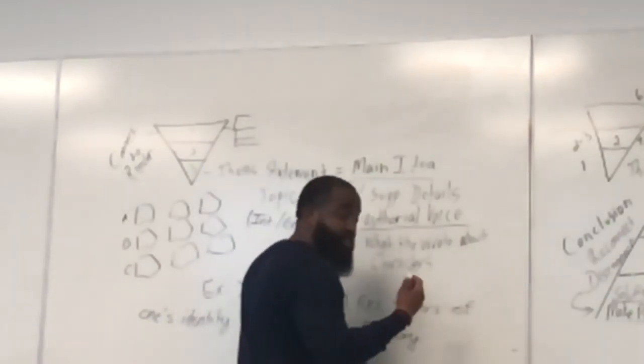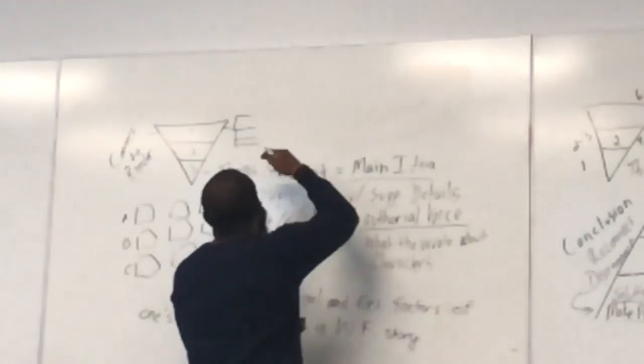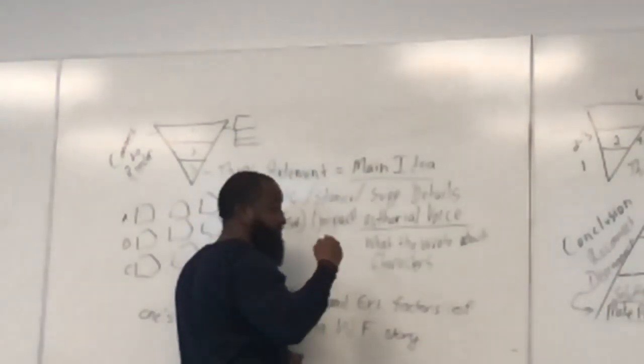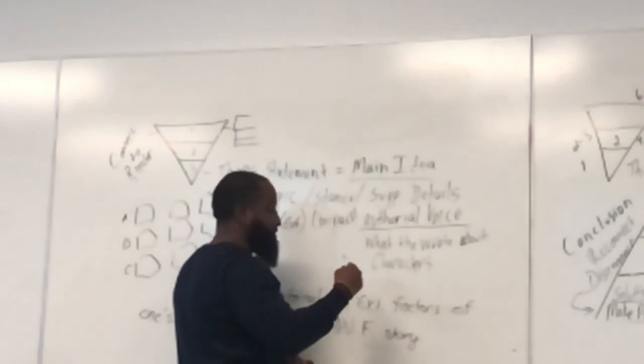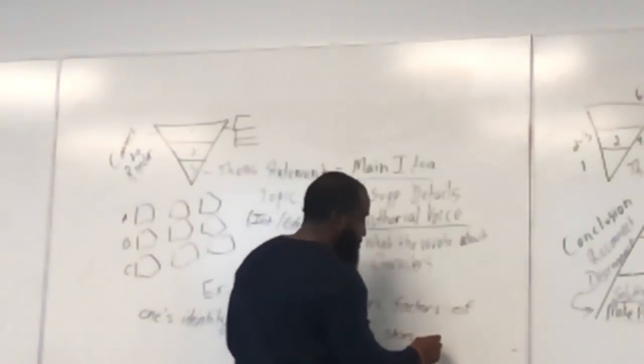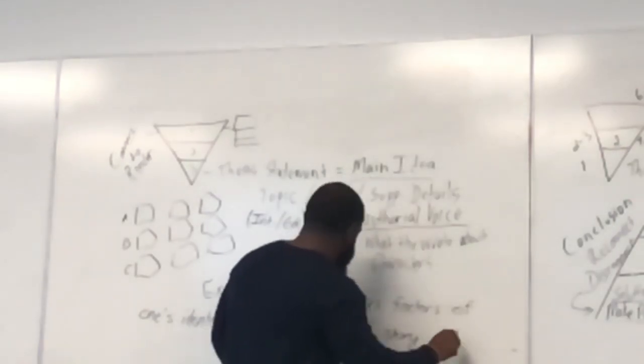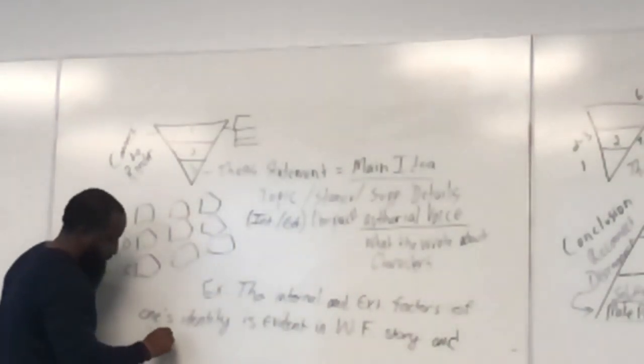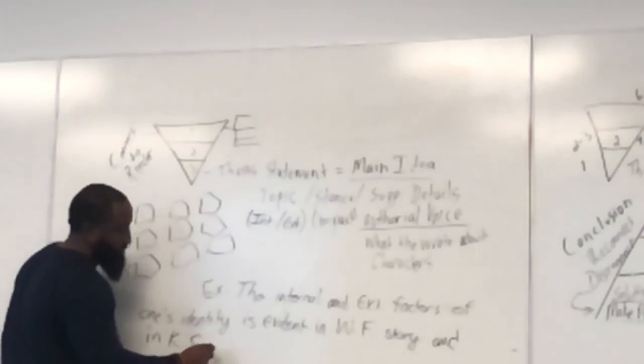And then I can put the title here, if I haven't already done it, here in section 2. Or I can put the title somewhere in my body paragraphs. I'm just going to say in William Faulkner's story and in Kate Chopin's story.